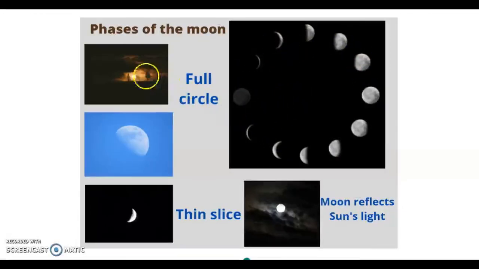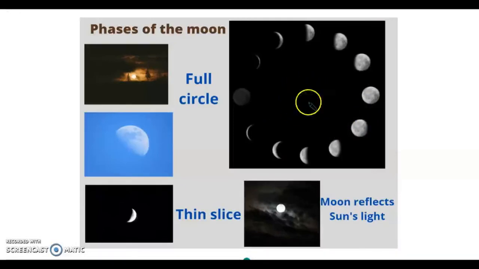Yes, sometimes the moon appears like a full circle in the sky. Sometimes it looks like this in the sky. Sometimes, as you can see in this picture, it looks like a thin slice. So why does the moon have these types of shapes?